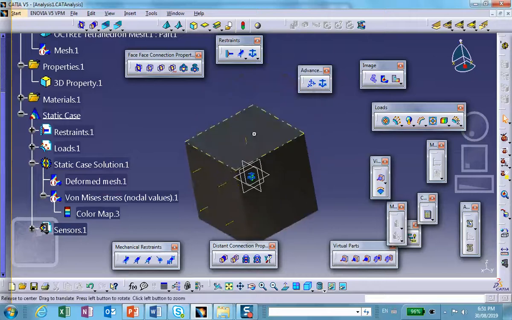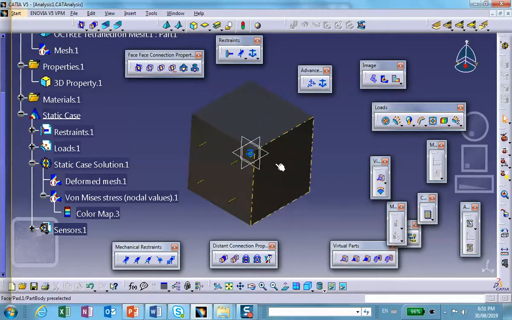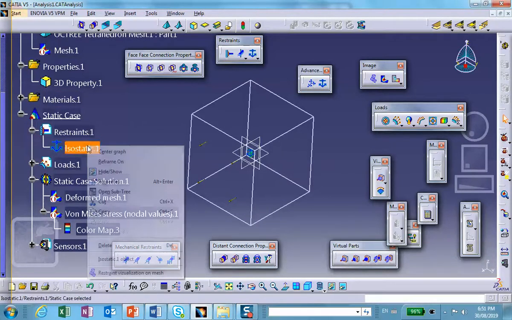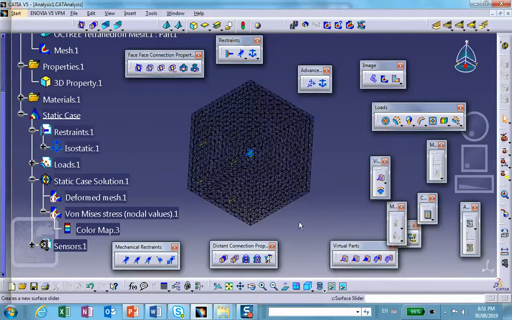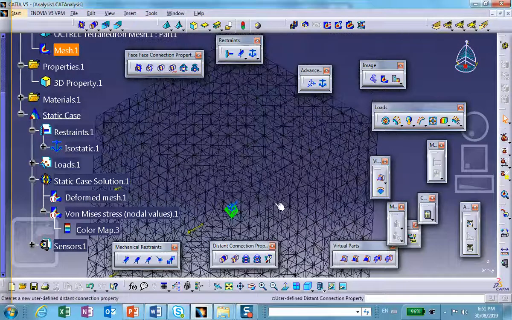Let us look at which points actually were fixed by this isostatic icon. How was it? You go to Restraint. You say, show me Restraint visualization on the mesh. Let's look at it carefully. It's kind of hard to find, in fact, because the mesh is so fine.